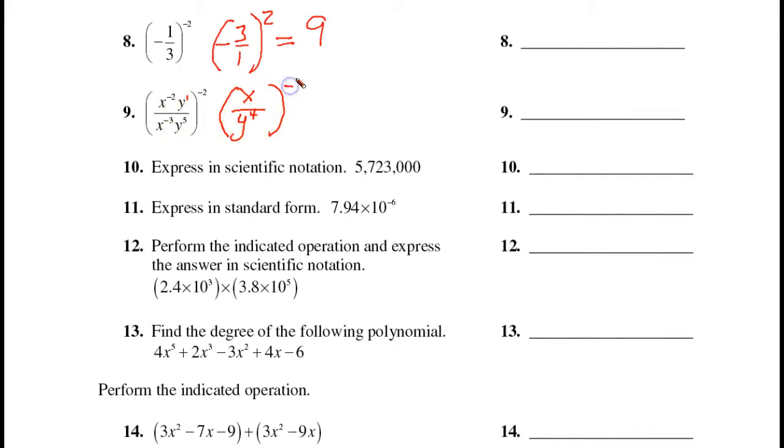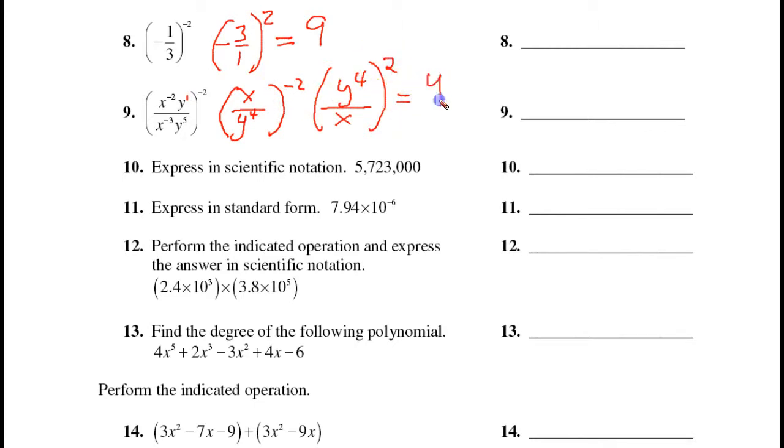That's still a negative 2 though. But again, now we can just flip it and get y to the 4th over x. We're just flipping that and then making our exponent a positive.